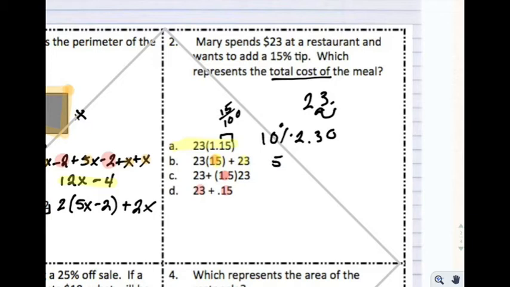So 5% would be $1.15. So adding both of those amounts to my $23 total would give me $26.45. If I went back and double checked, well, $23 and adding a 15% tip, it makes sense that it would be about $26. It sounds like a reasonable answer.